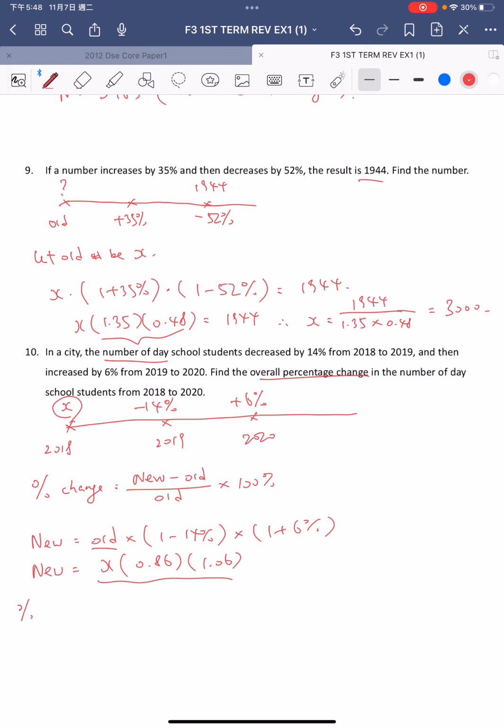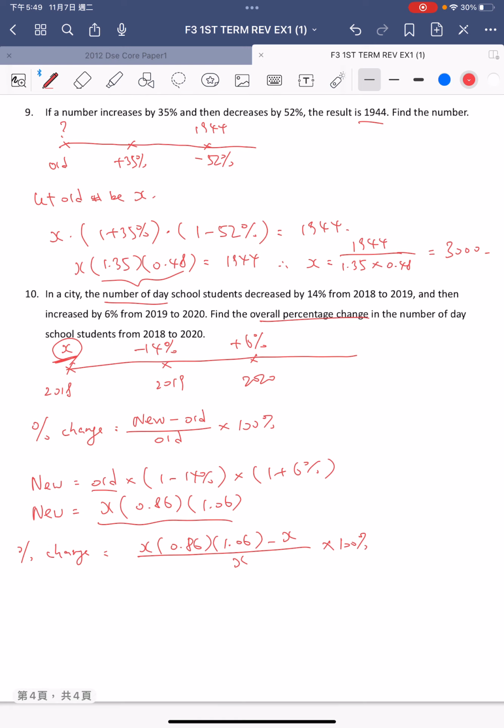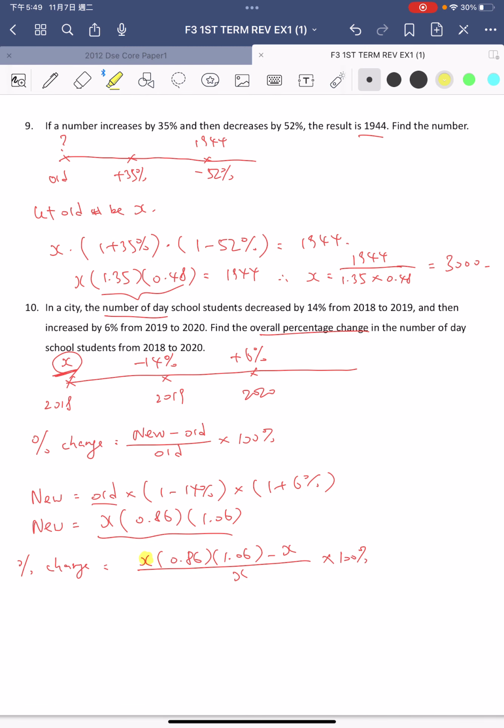So our percentage change is equal to x times 0.86 times 1.06 minus the old value, which is x, divided by the old value, which is x as well. Then we times 100%. Now we have x as the common factor, so we can take x out and add a bracket.